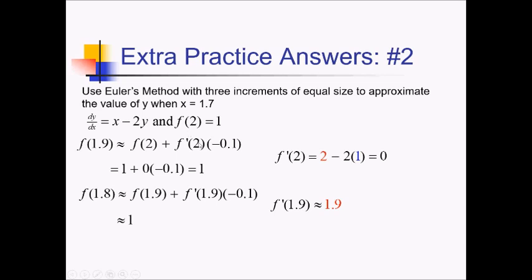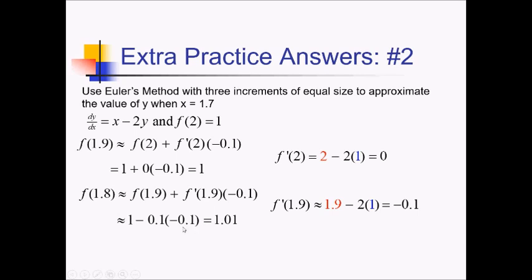Now that y value is this approximation we just got of 1. So 1.9 minus 2 times 1, this is going to be negative 0.1. So now I have minus 0.1 times another negative 0.1. So this is really 1 plus 0.01, which is 1.01.